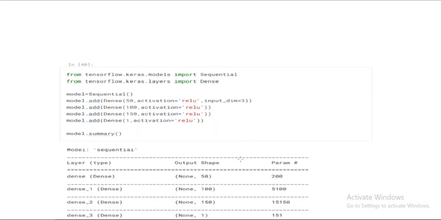Once you have that in your hand, you would, as usual, create a feed forward network using the sequential container, and connect fully connected layers using Dense, and you will import these layers and containers from the Keras TensorFlow module, and then start adding to your network.